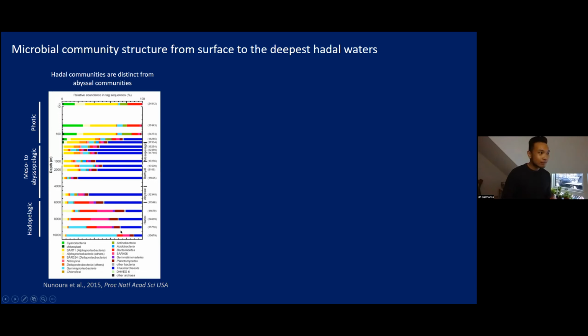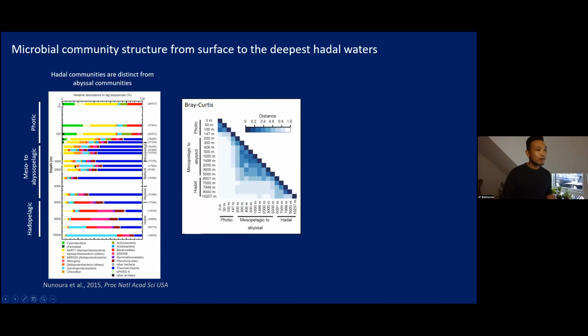And just to be a little bit more quantitative here, they provided these nice pairwise comparisons of microbial community similarity based on Bray-Curtis dissimilarity, such that if it's one, or white, there is no similarity. So there's very large distance between microbial communities.